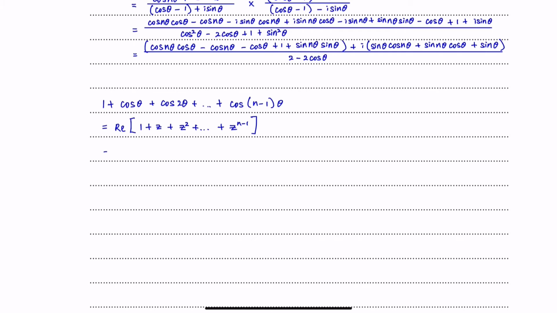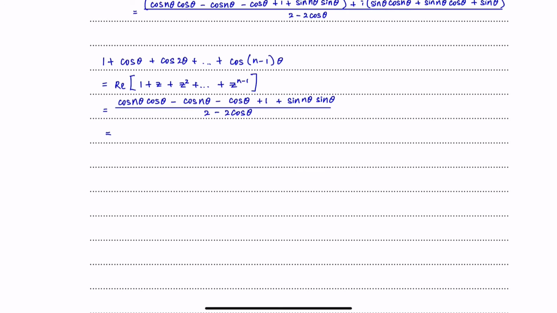So it would be cos n theta cos theta minus cos n theta minus cos theta plus 1 plus sine n theta sine theta. And now we can rearrange it.